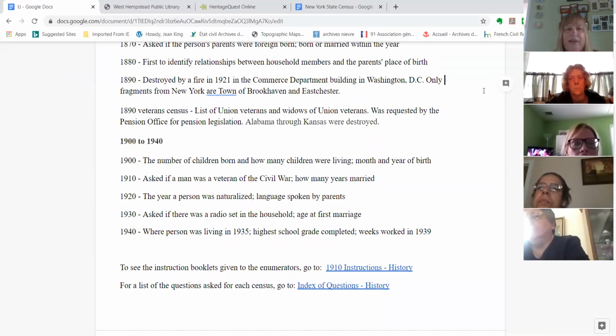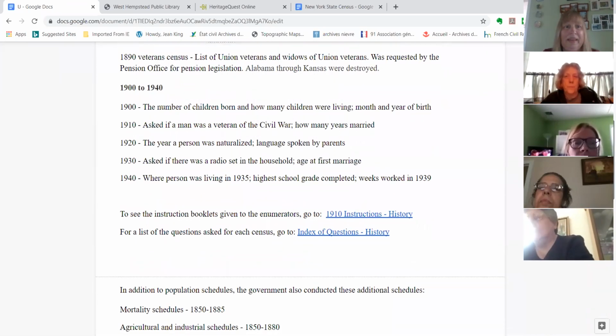And I actually found one of my relatives on this 1890 census. It was pretty interesting because it showed that he had been a prisoner of war. Ooh. Yeah, so my great-great-grandfather's nephew was in a prison in Virginia during the Civil War.